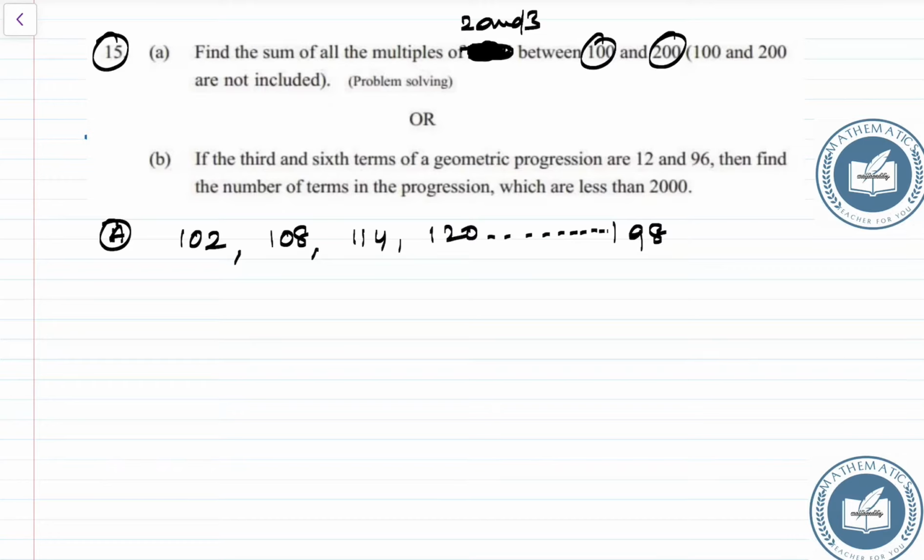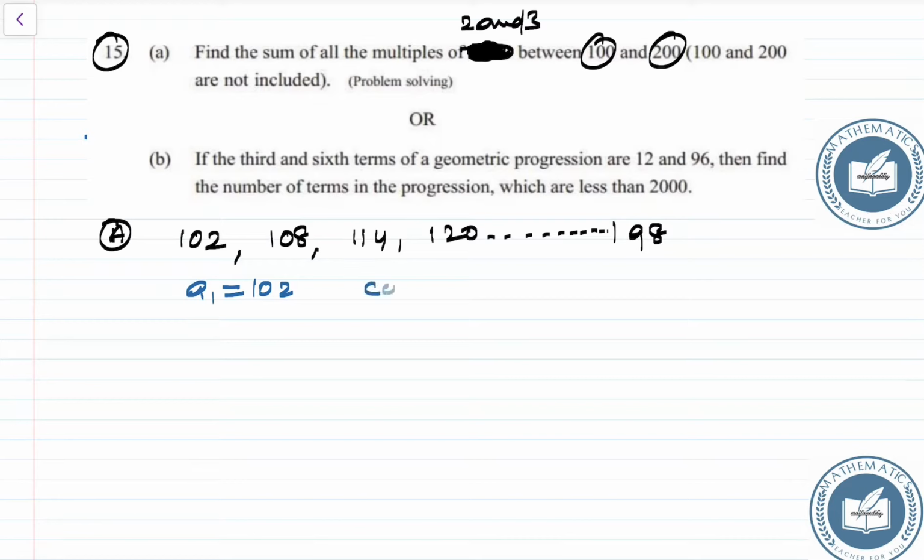What is the first number? What is the last number here? And now I am going to find it. You see, this sequence is in AP. The first number A1 is equal to 102.